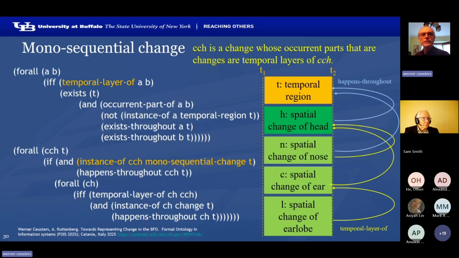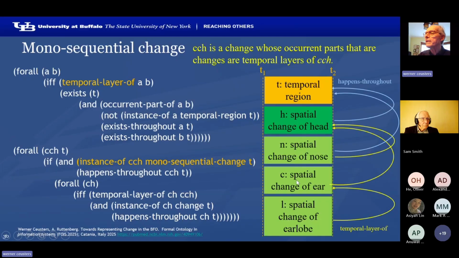Imagine that during some temporal region, I turn my head from left to right and back and forth. While I'm doing that, there is a spatial change of my head, a spatial change of my nose, a spatial change of my left and right ear, a spatial change of my left and right earlobe. All those changes happen at exactly the same time. Well, according to those axioms, the spatial change of my left earlobe is a temporal layer of a spatial change of my ear.